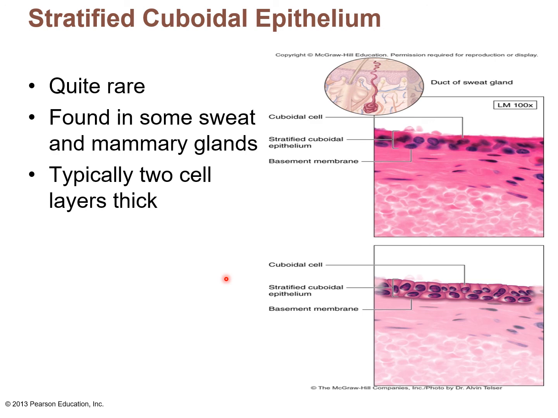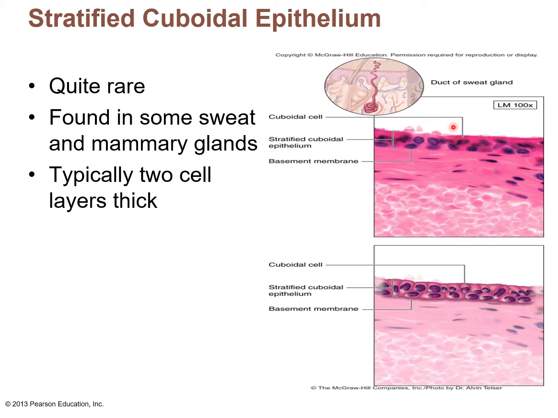Stratified squamous is the most common stratified epithelial tissue we have. We don't have a whole lot of stratified cuboidal, so it's not as common. It's found lining some of your sweat glands, some of your mammary glands, and you can see right here underneath it you have your connective tissue.